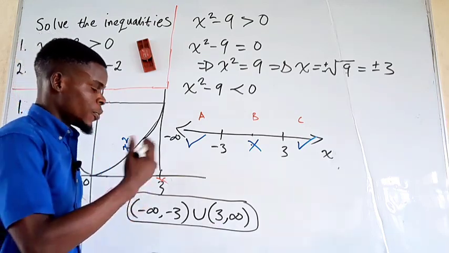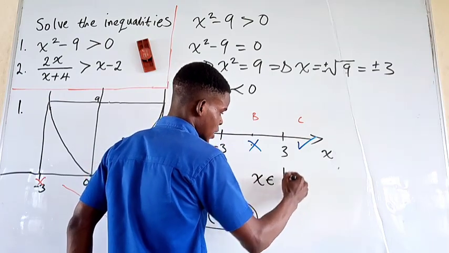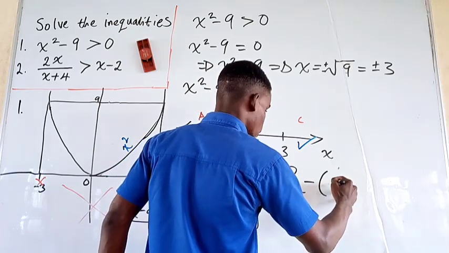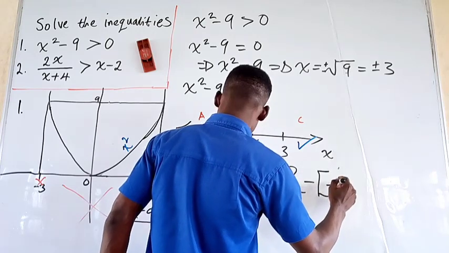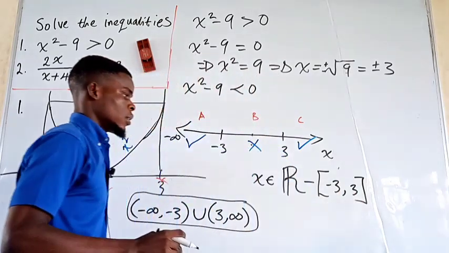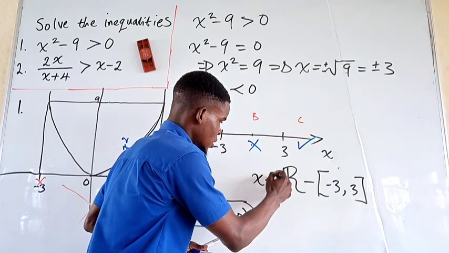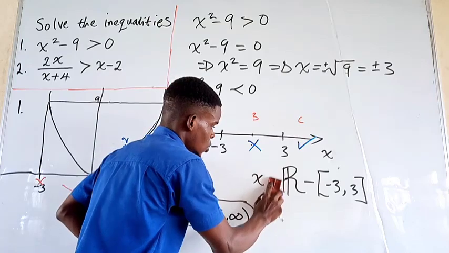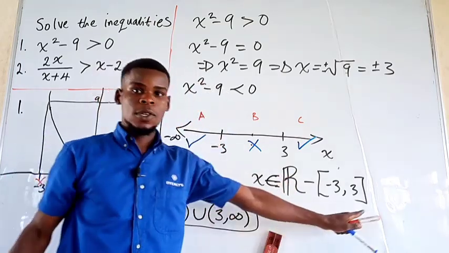We can also put the result down as x being in the set of real numbers except this closed interval from negative 3 to positive 3. So we show that x is an element of the real numbers except this interval from -3 to +3.